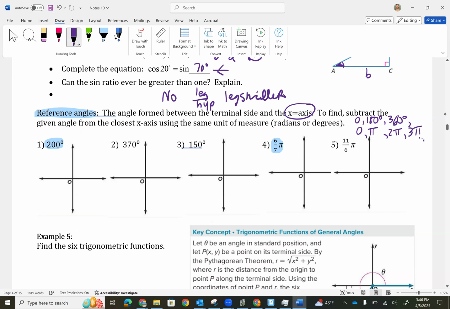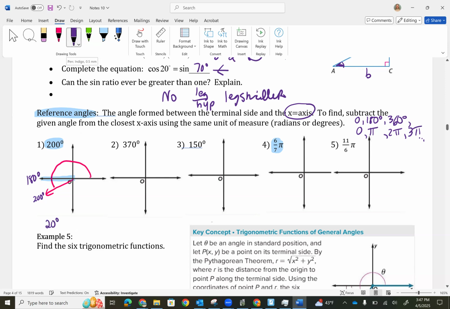We won't get too fancy on that, but let's graph this. And 200 is just past 180 degrees, okay? So once you get here, how far is it from the closest x-axis? Well, the closest x-axis is here, and numerically it is 180 degrees. To find the distance between two locations, you subtract them. So the distance from the x-axis is going to be 20 degrees.